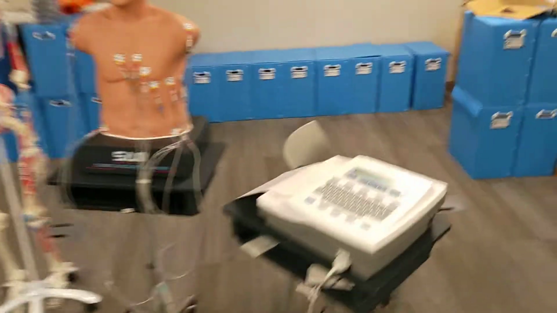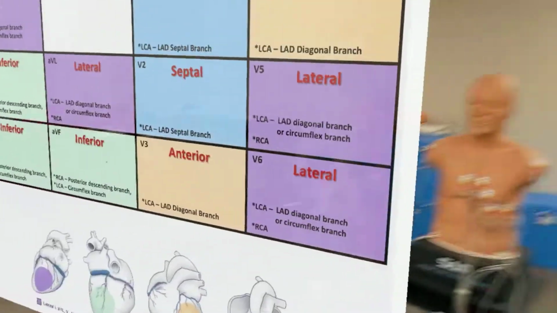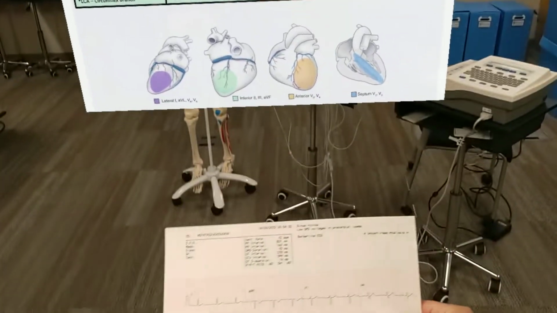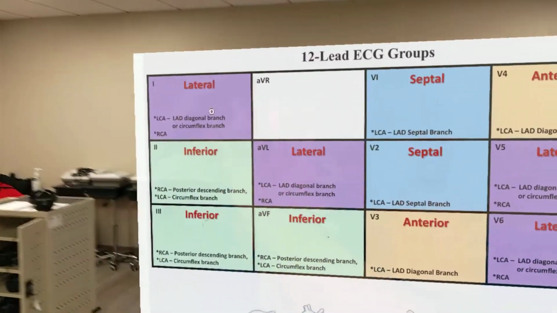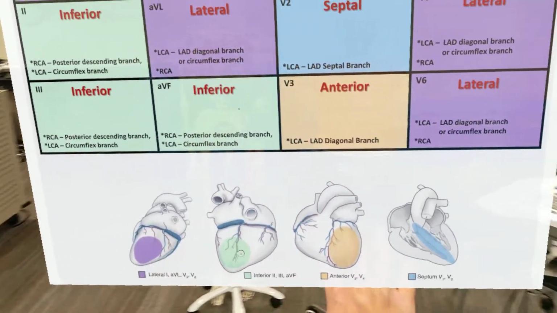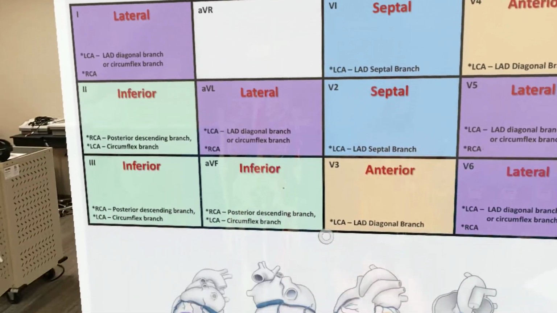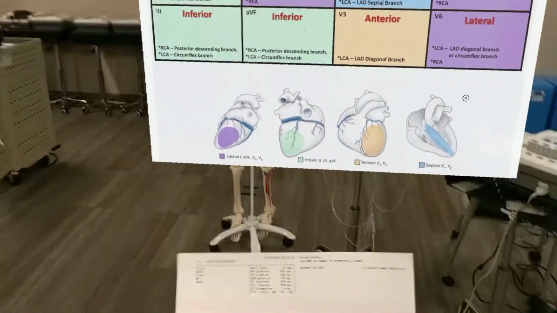If you look at this particular EKG, you can see, okay, that's what that means. The color is showing the regions of the heart that are being looked at through the EKG or ECG.